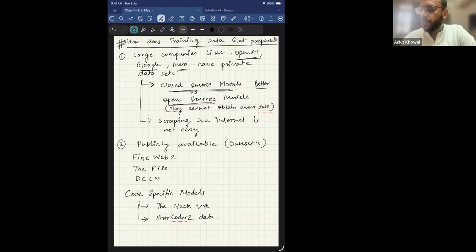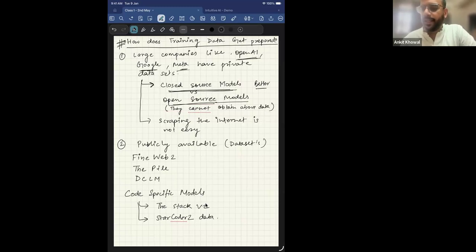For open source models, these companies don't provide their data set. They will not even disclose the data set on which the model was trained. So open source models are trained on lower quality data sets, and that is why their performance is not as good.